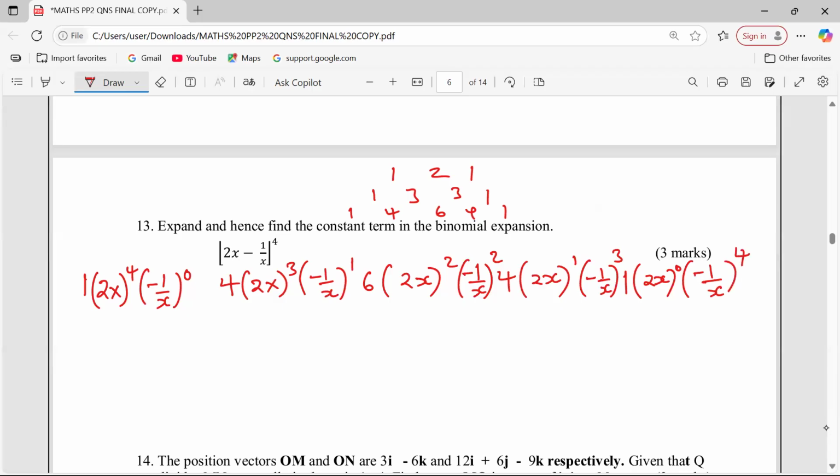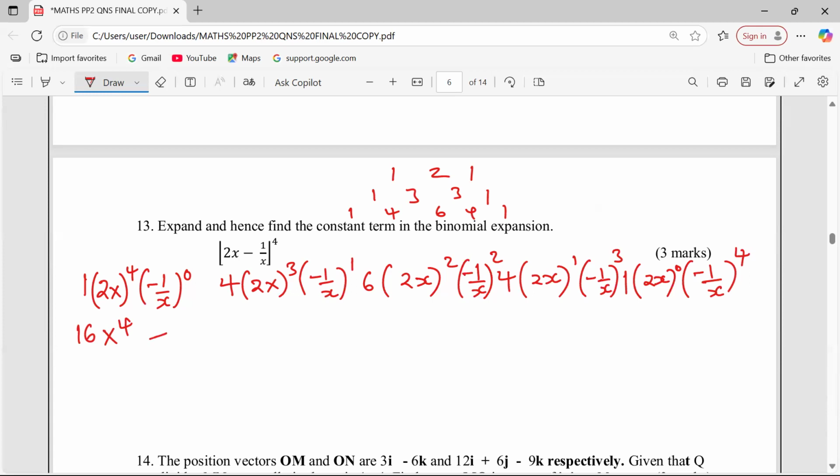These are binomial expansions. From the first term, 2 power 4 is 16, x power 4, that way. Remember, anything power 0 is just 1. So negative 1 over x power 0 becomes 1.